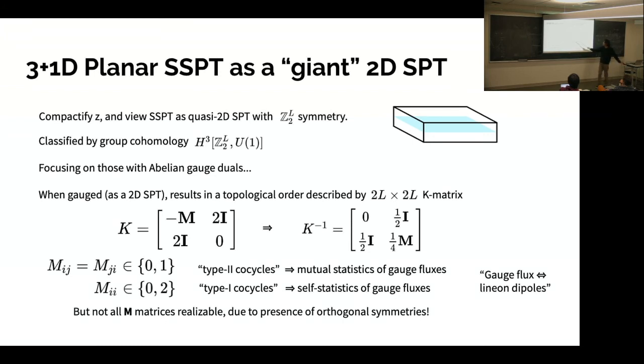And then when you gauge it, you end up with some topological order that's described by a 2L by 2L K matrix of this form, where on the diagonals you have two identities, and on the off-diagonal you have an L by L integer matrix M that is symmetric with even diagonals, and it's only well-defined mod 2 for the off-diagonal elements.